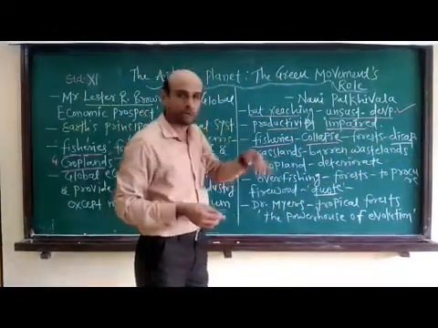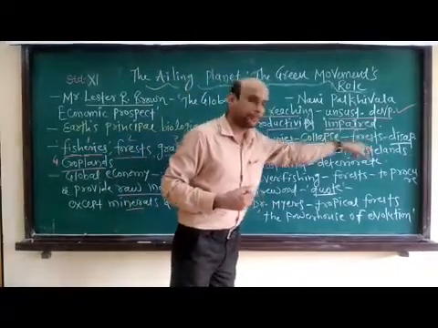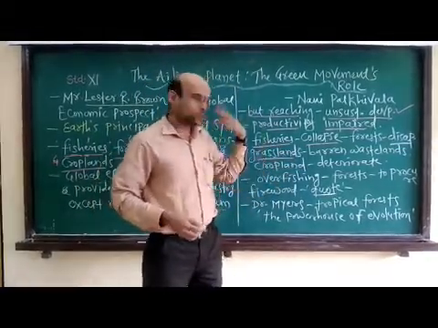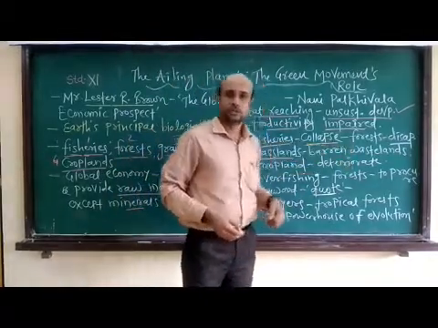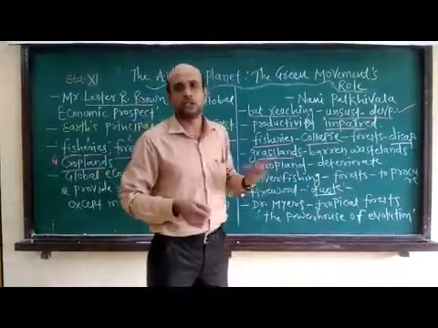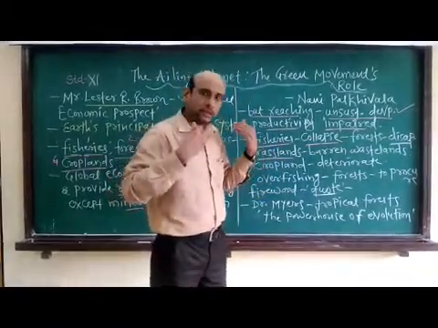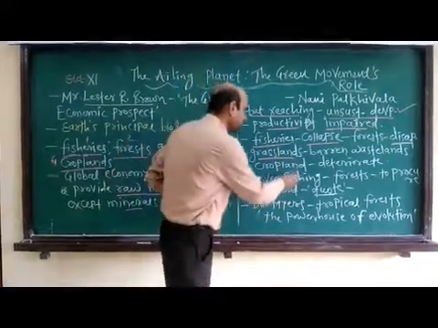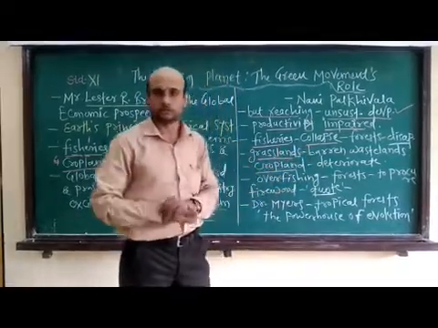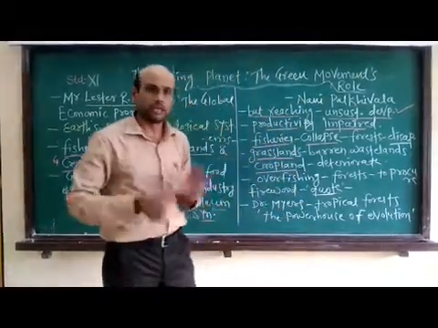If unsustainable development occurs, fisheries collapse, forests disappear, grasslands turn into barren wastelands. Barren means not fertile, which could not produce things. So grasslands will turn into barren wastelands, and cropland deteriorates. Deteriorate means destroys everything. If we reach unsustainable development, this will happen.